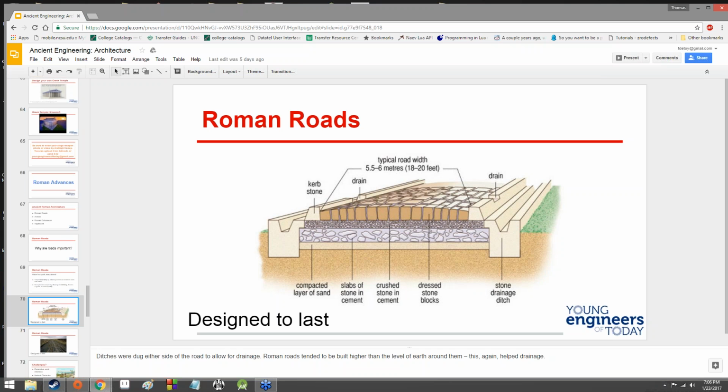You have a dirt or gravel path. If it rains somewhere along that path, it gets waterlogged and muddy, and that slows down travel. There wasn't really any snow of any sort, but over time erosion eats away at the actual road, and you get things like potholes and sinkholes, and that also slows down transportation.